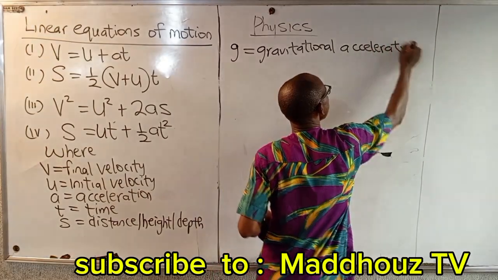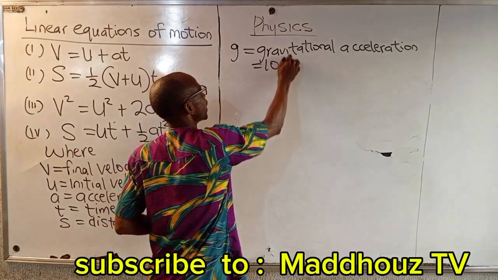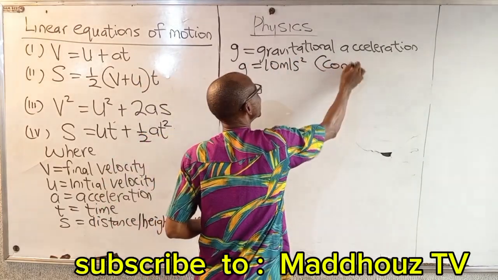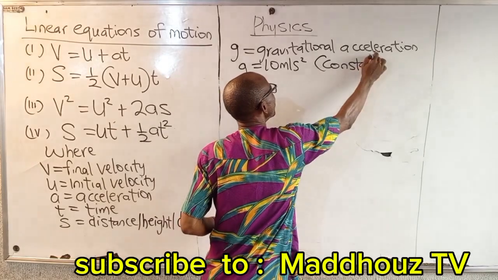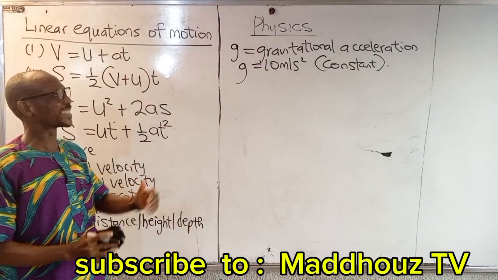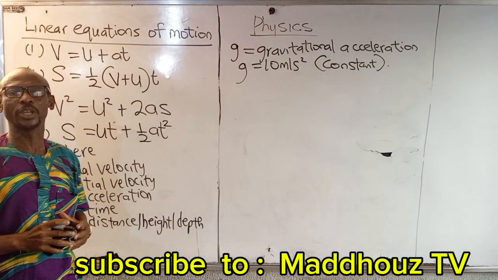And the value we normally use is 10 meters per second square. This value is a constant value.